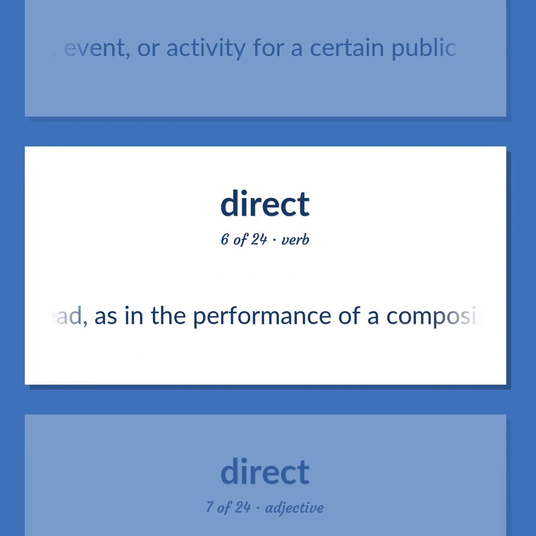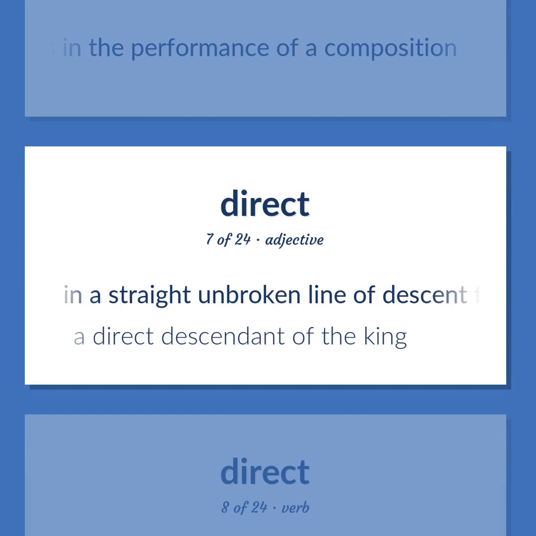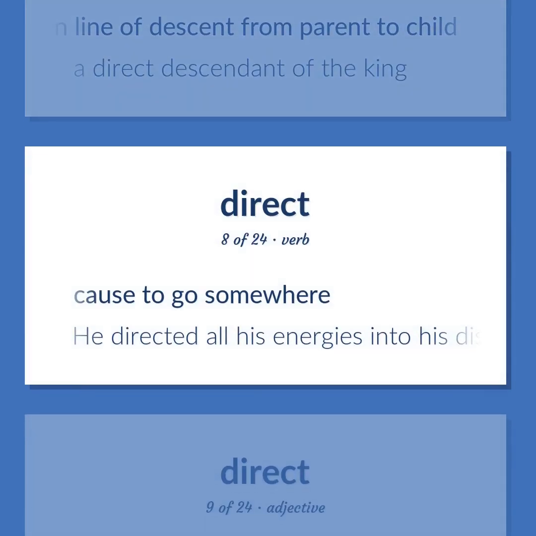Lead, as in the performance of a composition. In a straight unbroken line of descent from parent to child. A direct descendant of the king. Cause to go somewhere. He directed all his energies into his dissertation.